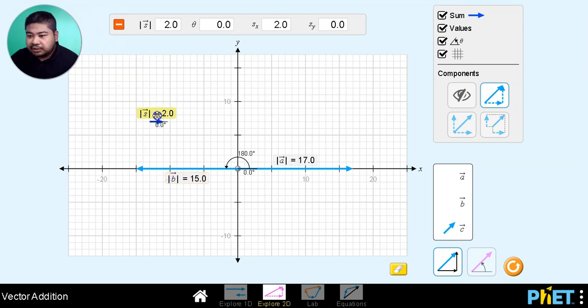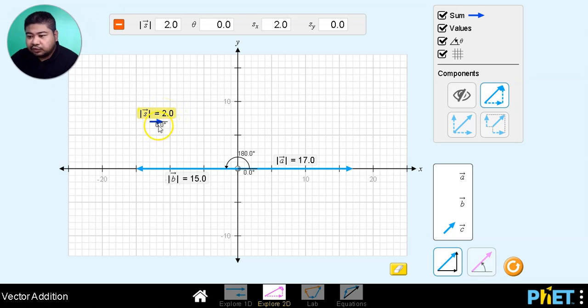If you bring the sum here, you will see that the sum is 2, S stands for the sum. So you have positive 17 to the right and negative 15 to the left. So the sum is positive 2.